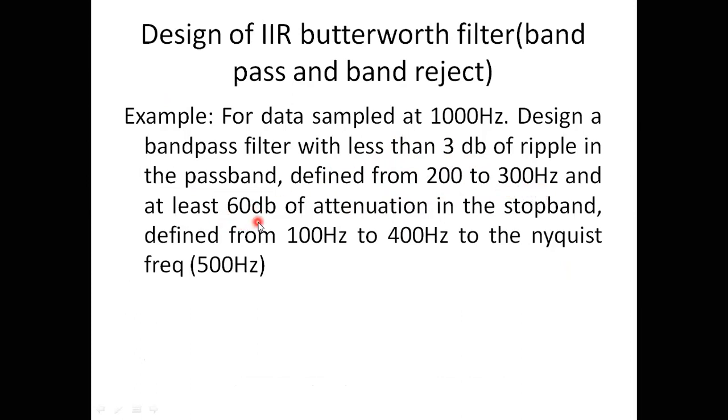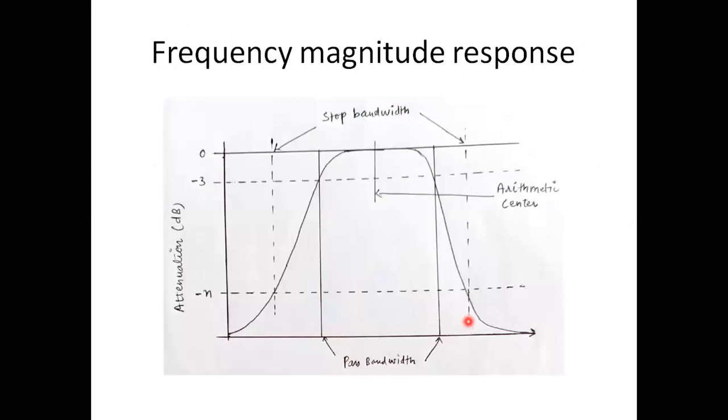And the stop band gain is 60 dB, so KS will be minus 60 dB. That stop band is defined from 100 Hz to 400 Hz. So let's say FS1, the first stop band frequency, is 100 and FS2 is 400 Hz. So these 6 data are required: FS1, FS2, FP1, FP2, KP and KS. These 6 data are required to design a band pass Butterworth filter.